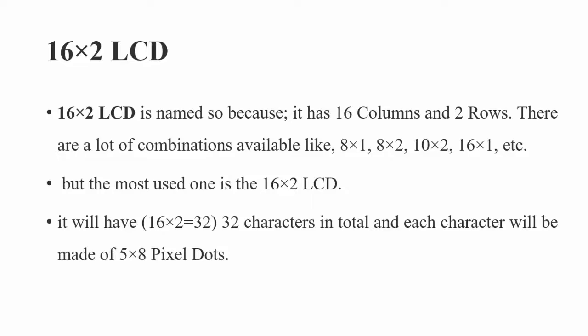We know that each character has 5 cross 8 pixel dots, which means 40 pixels. So for 32 characters, we will have 1280 pixels. Further, the LCD should also be instructed about the position of the pixels.